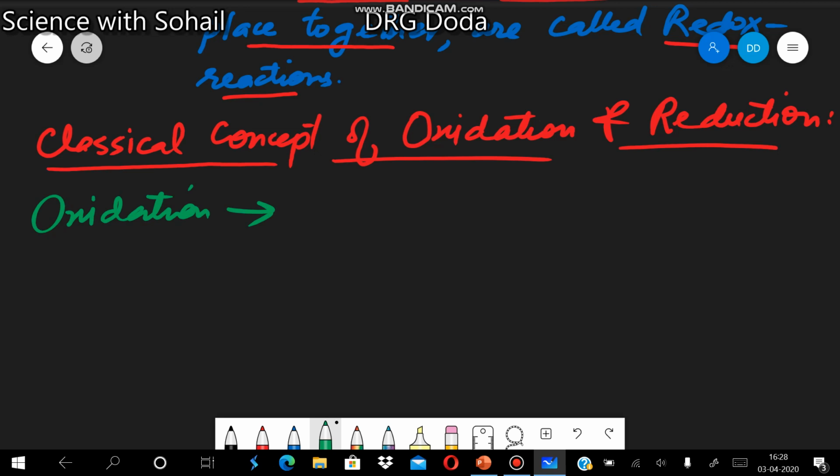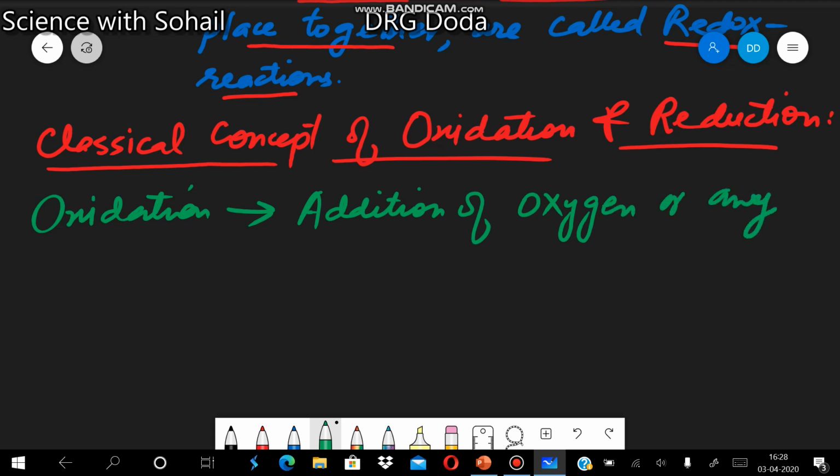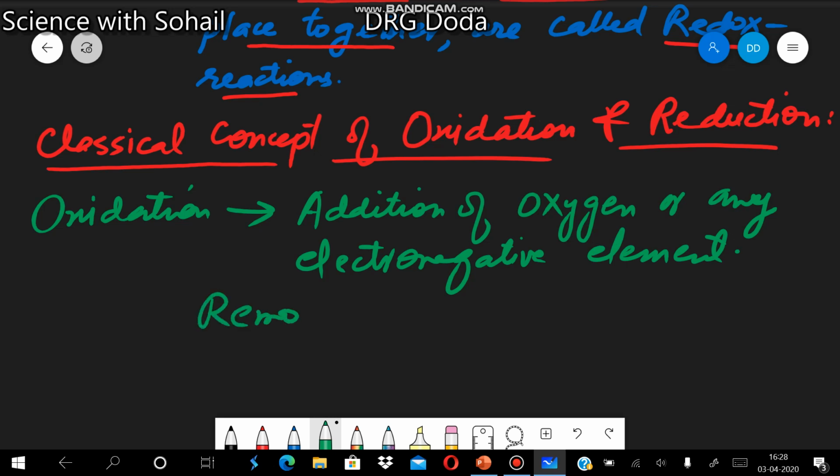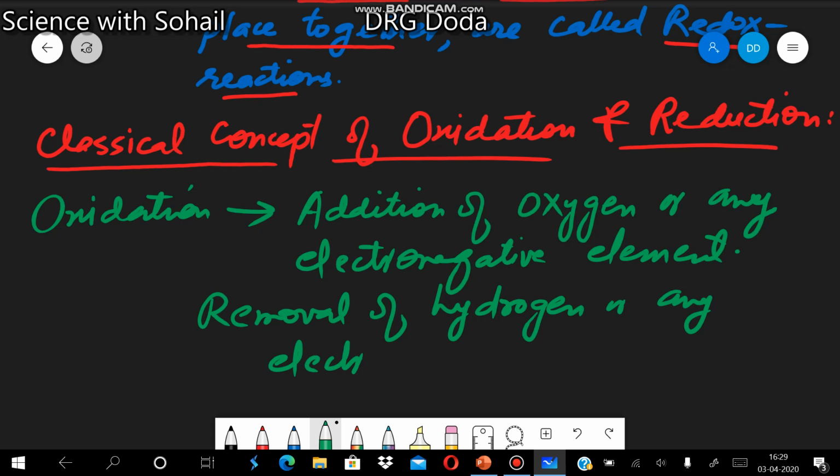Oxidation is a process that involves addition of oxygen or any electronegative element, or removal of hydrogen or any electropositive element.